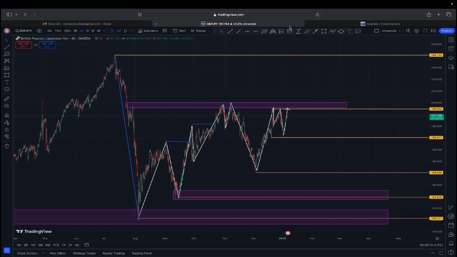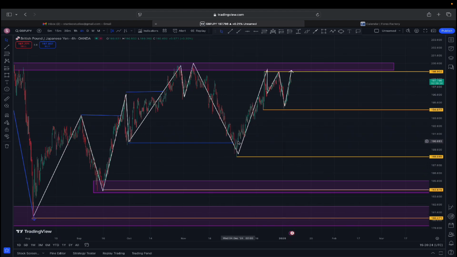SMC, smart money concept, will say this is a change of character. So a change of character here means that market can actually begin to sell. But then looking at it very closely, market actually pushed back again and then began to buy. That's why you have to be careful.